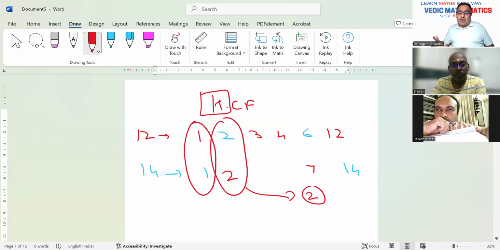Now this is the meaning of how common factors or multiples are shown. We just speak out that LCM means least common multiple, but how is the least common to be shown? This is how it is to be done.